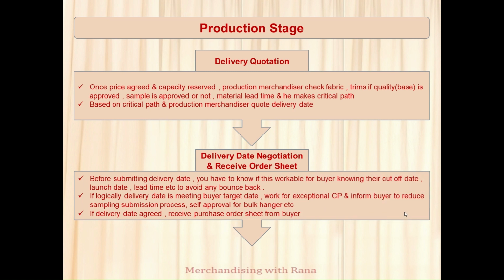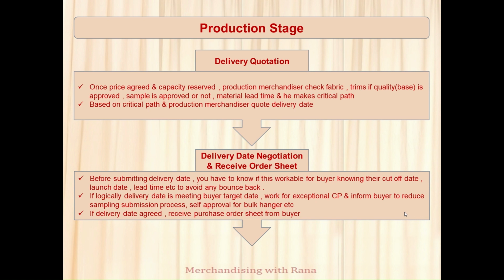Before submitting my delivery date, I have to know if this delivery is workable for the buyer or not. How can I know this? I have to know the specific buyer's cut-off date, launch date, lead time, etc., to avoid any bounce back. Sometimes it happens that my delivery date is fine, lead time is fine, but the buyer still wants a quicker delivery.